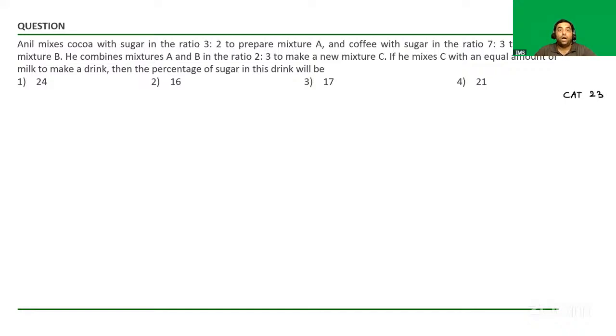It says, Anil mixes cocoa with sugar in the ratio 3:2 to prepare a mixture A. So Anil has prepared a mixture A by mixing cocoa and sugar in the ratio 3:2.